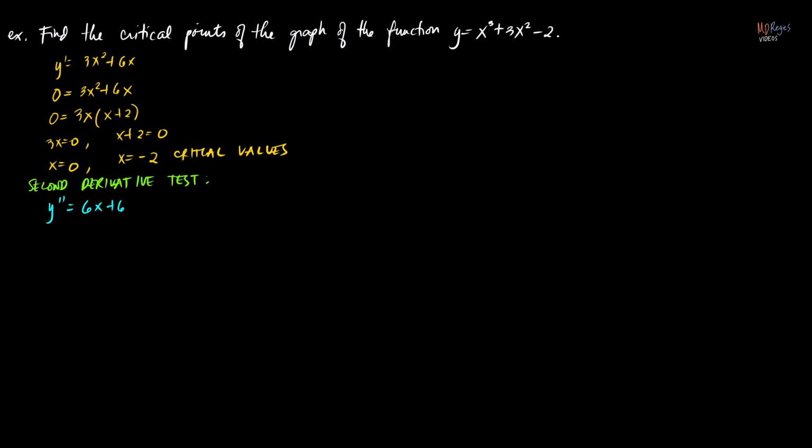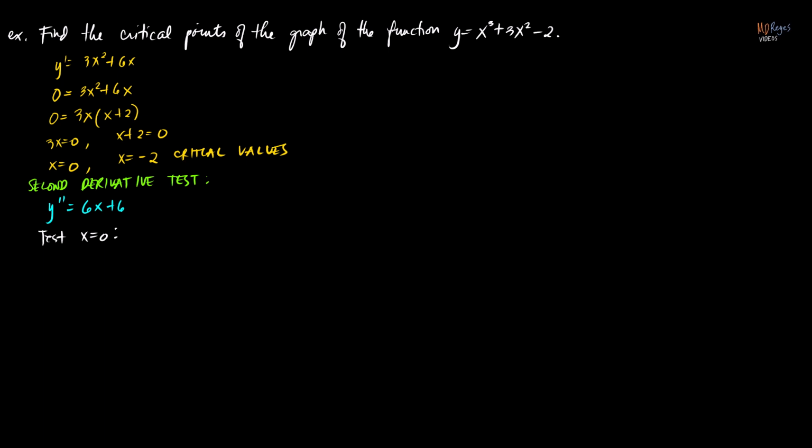Now we test x equals 0 first. We should have the same conclusion: x equals 0 will yield a minimum value for y, and x equals negative 2 shall lead to a maximum value for y.